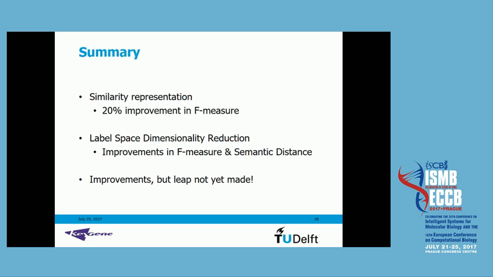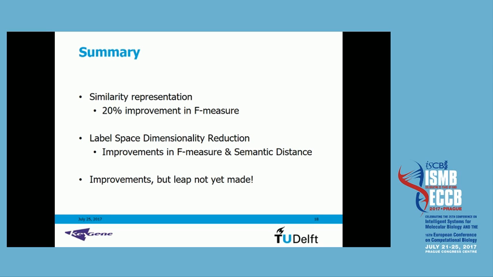So, in conclusion, I talked to you about two things. First, a new representation of proteins based on similarities to all proteins in our database. And that, as you saw, already gives a nice improvement in the F measure, but doesn't work that well in the semantic distance.